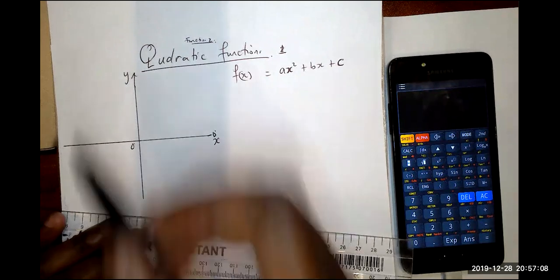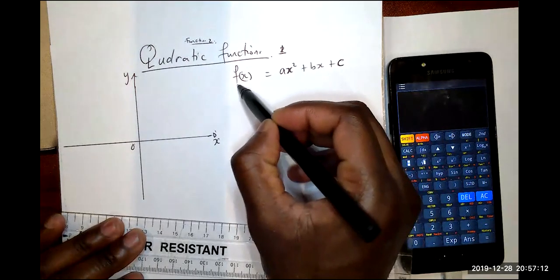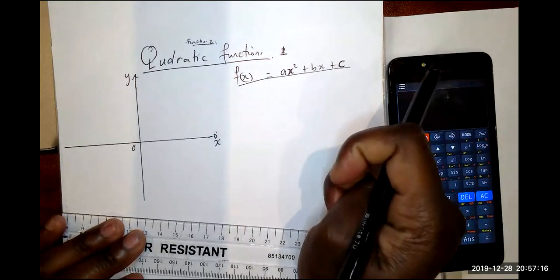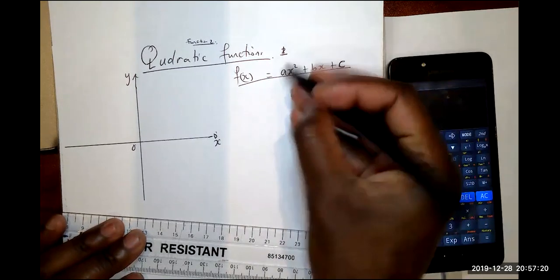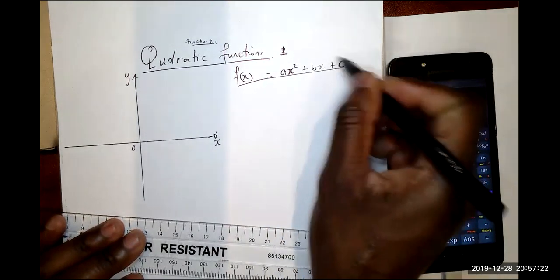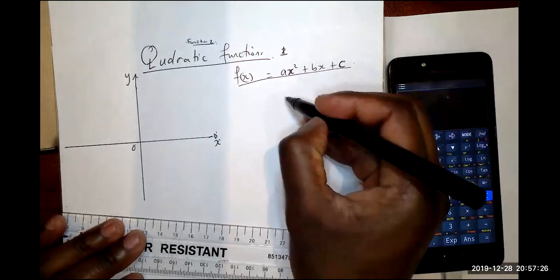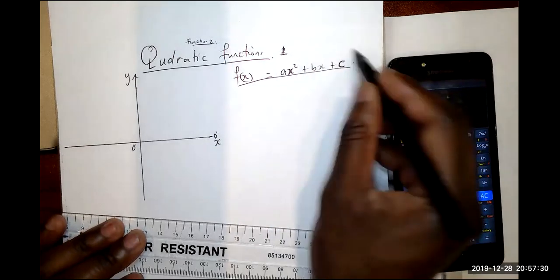Basically, when talking of a quadratic equation, all we know is that it's in the form ax squared plus bx plus c. But when you're dealing with functions here, you're going to start with how we are going to get to this. This one is like the final form, but now we want to know how it was transformed to come up with something like this.